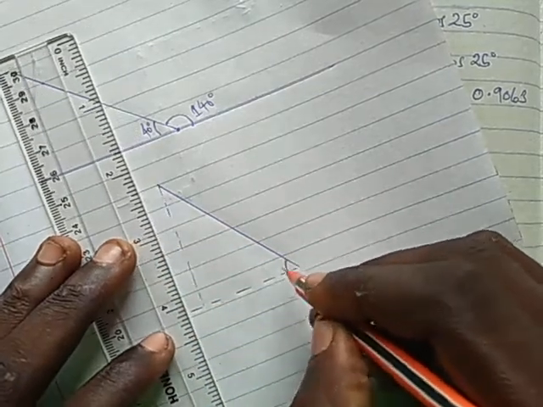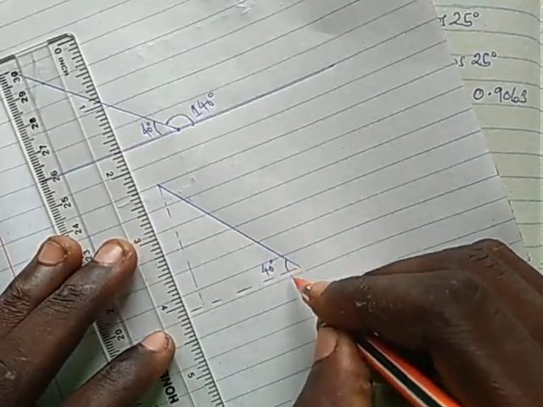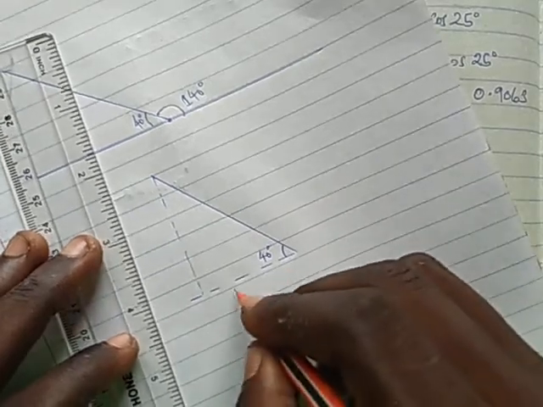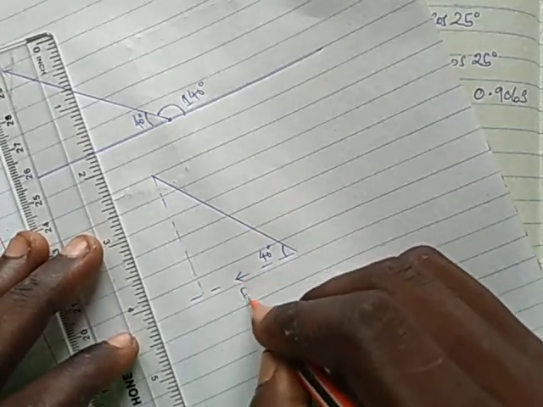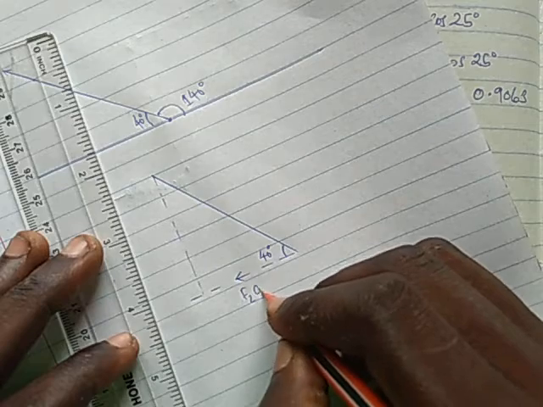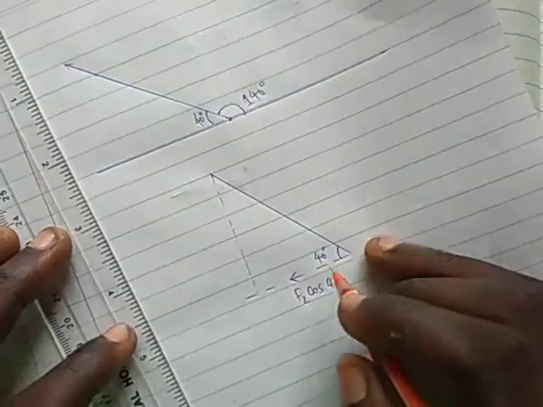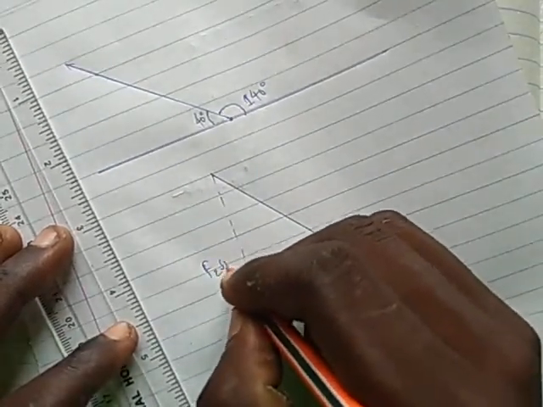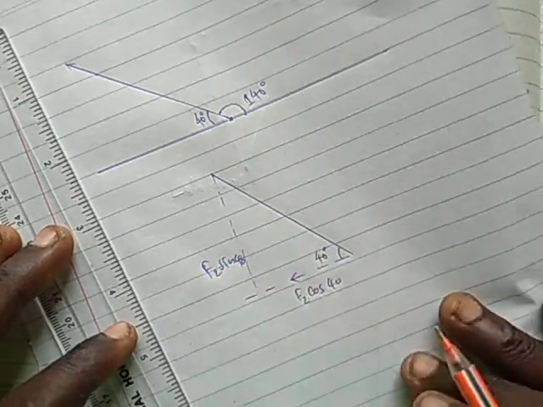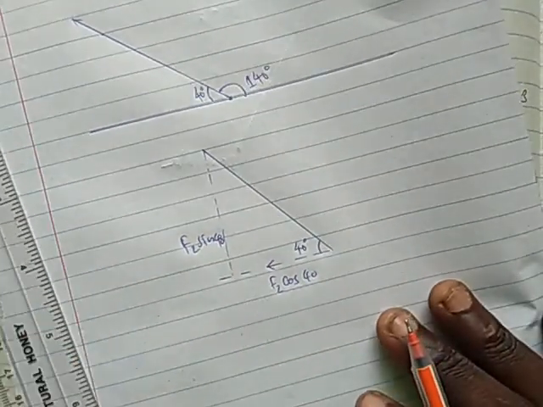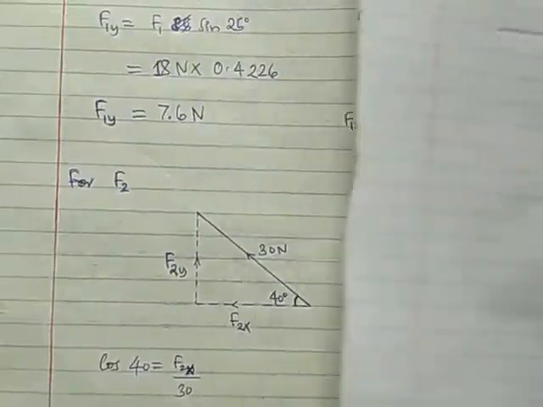So the horizontal component ambayo ni 40, angle yetu itakuwa ni 40. Horizontal component will be f2 cosine of 40 and the vertical component will be f2 sine of 40. So finally ni vile vile tu opposite pamoja na adjacent kama ambavyo tulisolve kule mwanzoni.